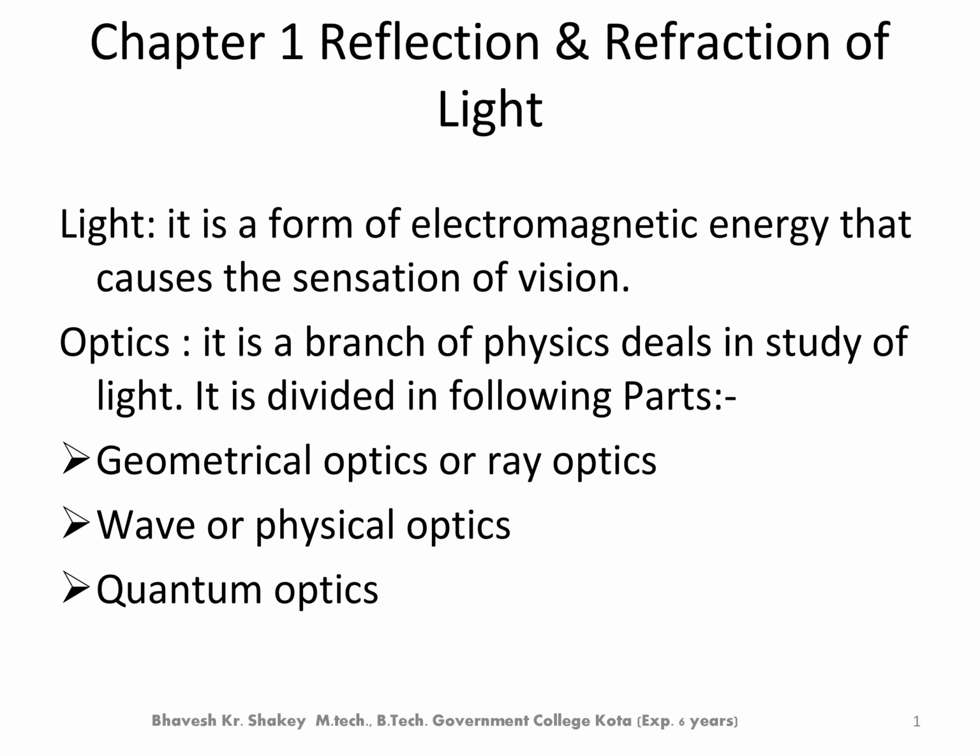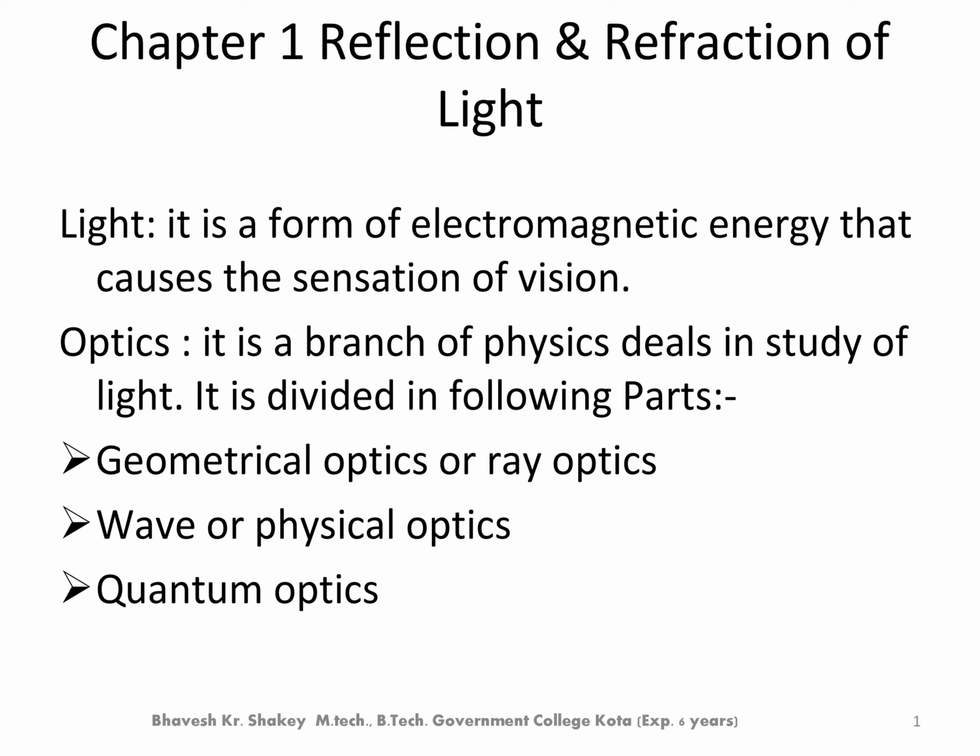Now the second one is called wave optics or physical optics. With the help of wave optics we can explain the phenomena of interference and diffraction of light. In wave optics we consider that light has a wave nature, and because of that wave nature it does not require any medium to travel, because we consider light as electromagnetic waves and it can travel in vacuum also.